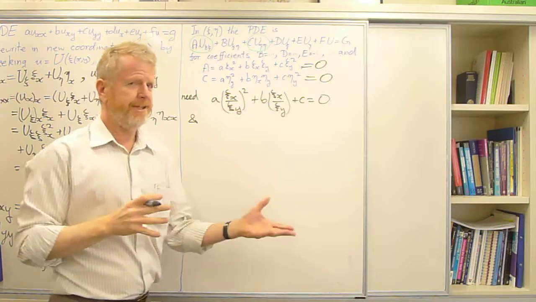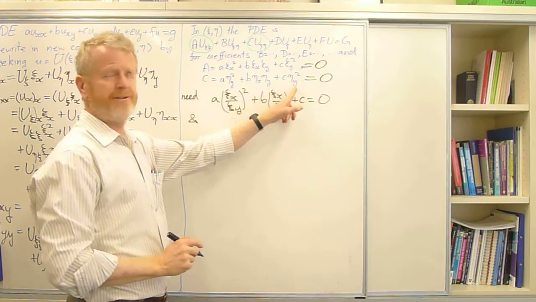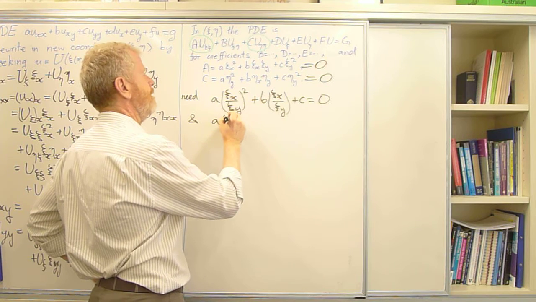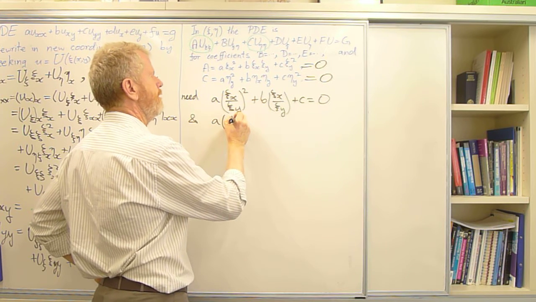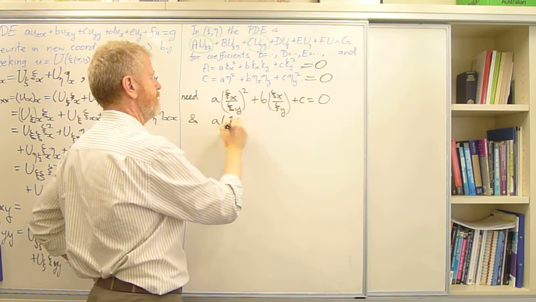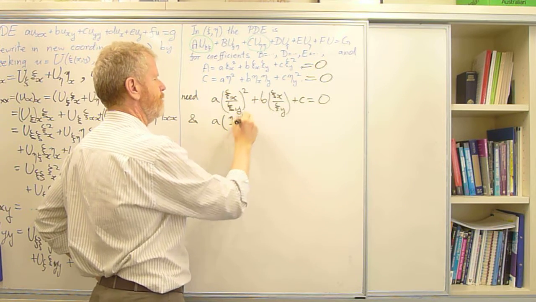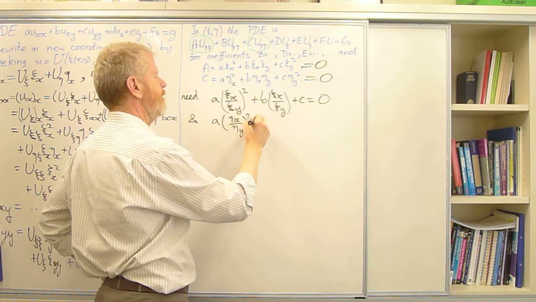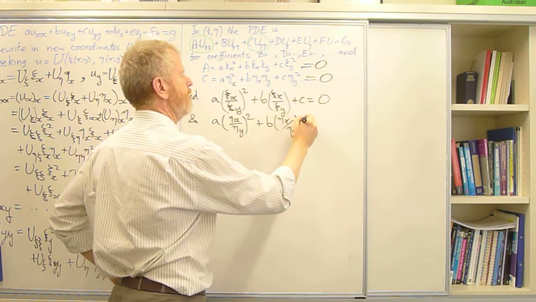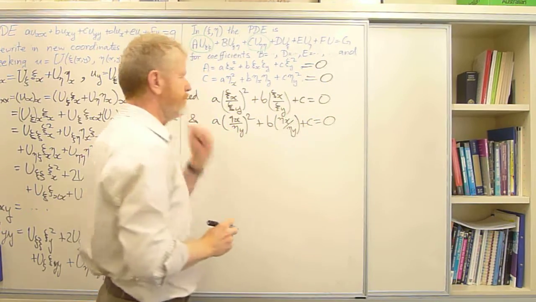Divide the C is equal to 0 equation by eta y squared. And then we get A eta x over eta y squared plus B eta x over eta y plus C has to be 0.